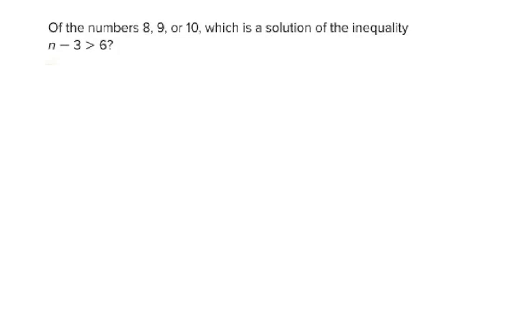It says, of the numbers 8, 9, or 10, which is a solution of the inequality n minus 3 is greater than 6? What this is saying is that the left side of the inequality, n minus 3, has to be greater than 6.